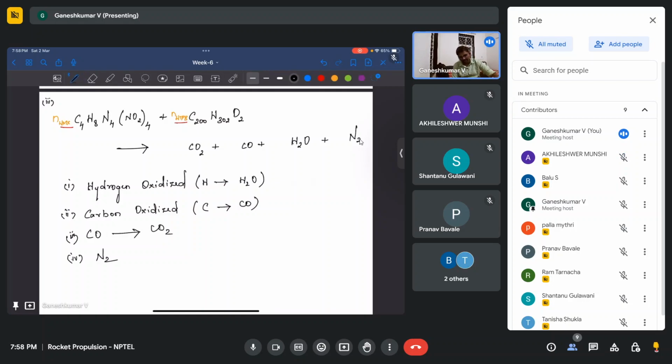If this is the way it reacts, we know the number of moles of HMX and HTPB, 1 and 0.0191. So now we can find the moles. First, let's say we'll oxidize all the hydrogen. What would happen here? You have 302 into 0.0191 hydrogen.